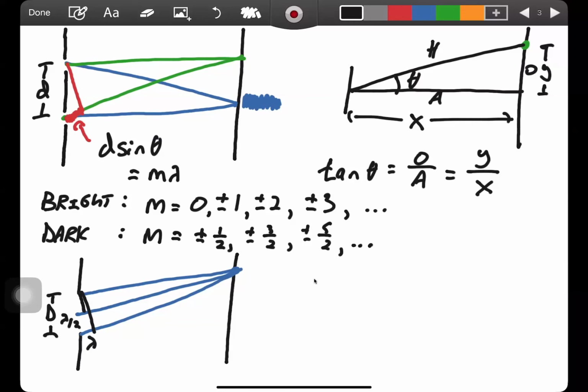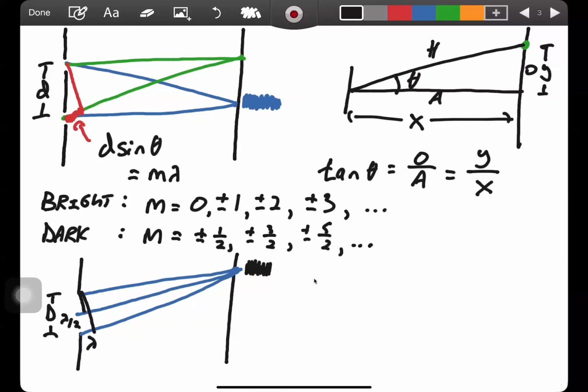Remember, if you have half integer multiple wavelengths, 1/2, 3/2, 5/2, that means you have destructive interference. That means you have a dark spot on the screen. So the top one and the middle one are going to cancel each other out when they hit the screen. And then the middle one, which is a half wavelength difference, and the bottom one, which is a wavelength difference in path length, are going to cancel out because they're half an integer multiple wavelength different. And so you're going to have a dark region right here.